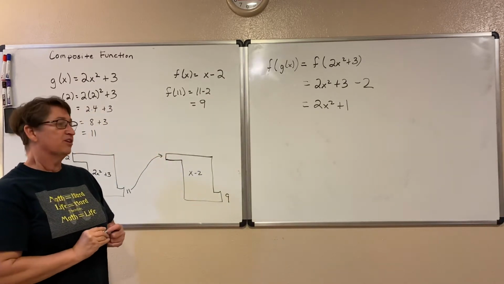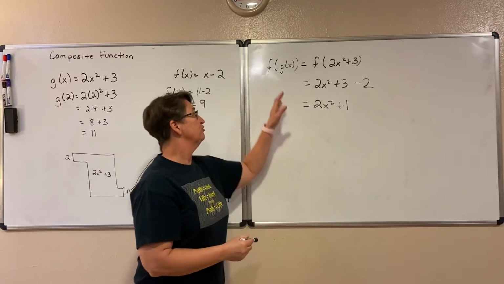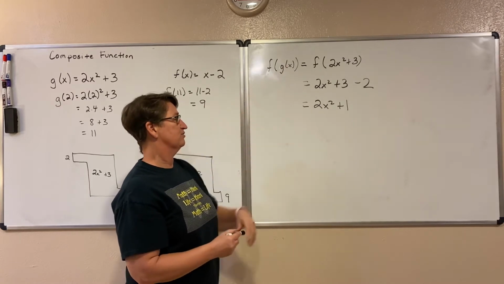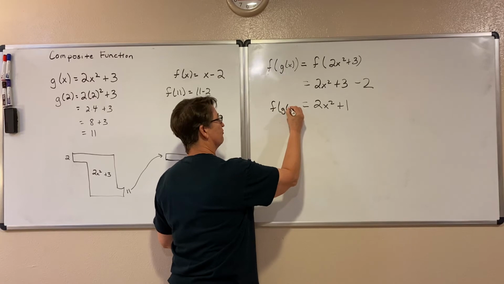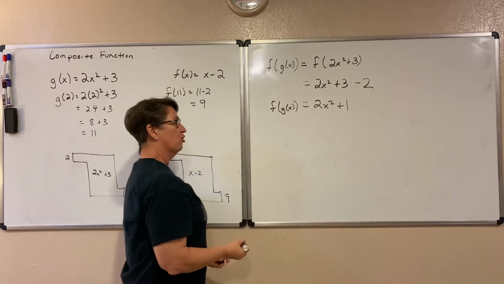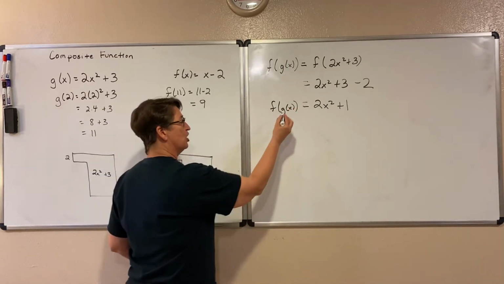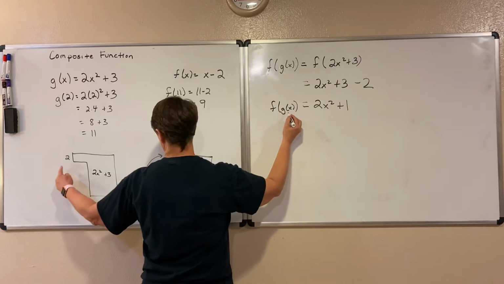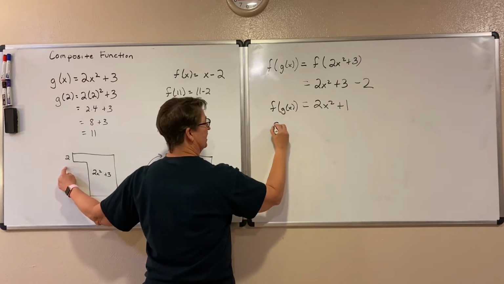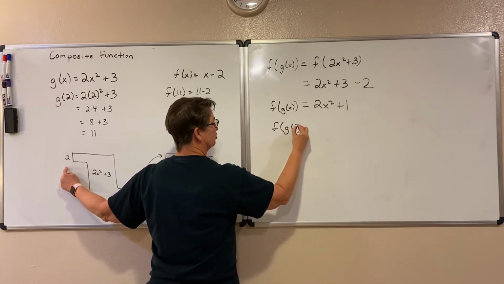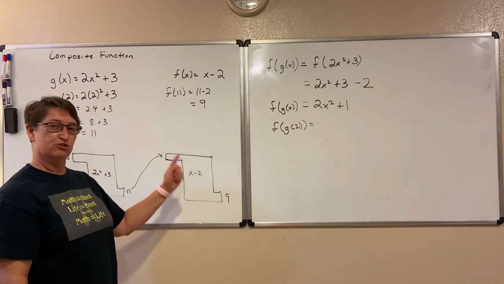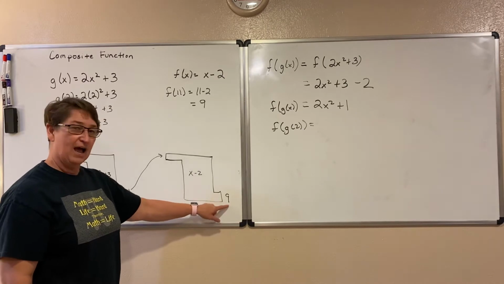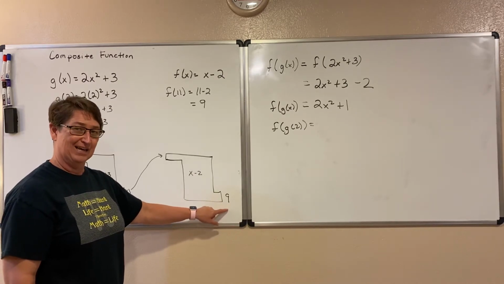Now, this new function, this f of g of x function, is going to do the work of both of our functions. So, if I put 2 in for x, just like I did over here, into this new machine, I should get out 9.